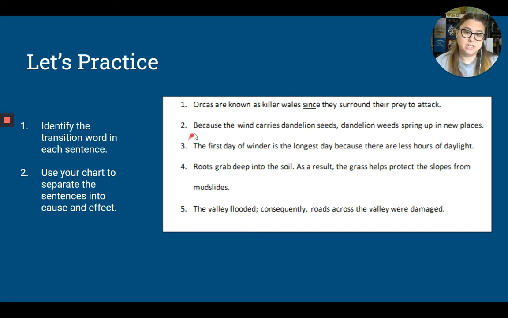So sentence number 2 actually is the opposite. Because the wind carries dandelion seeds, dandelion weeds spring up in new places. We said that the wind carrying the seeds is the cause in the sentence. So it comes first in the sentence, and the effect comes second. It is the exact opposite of what we were seeing in that first sentence. So remember, it's okay that an effect comes first.